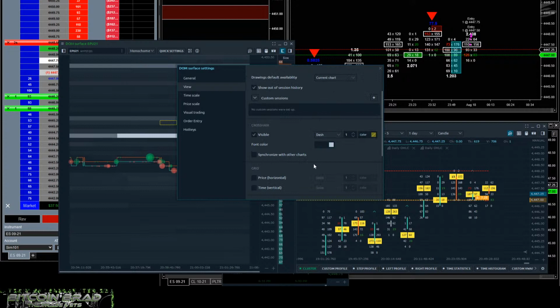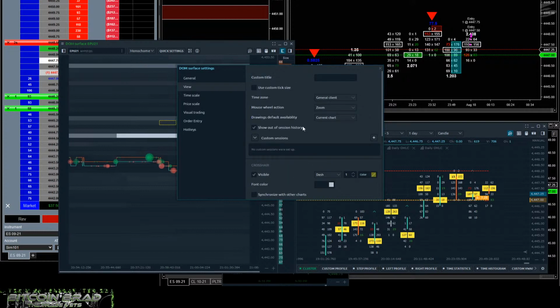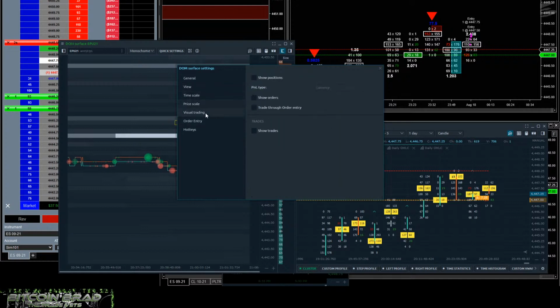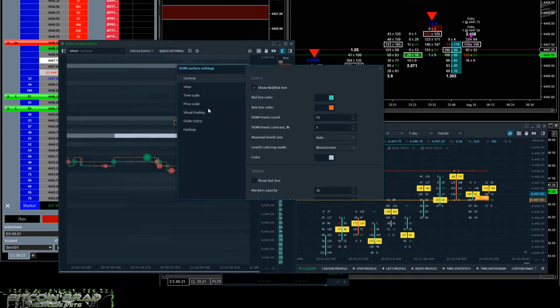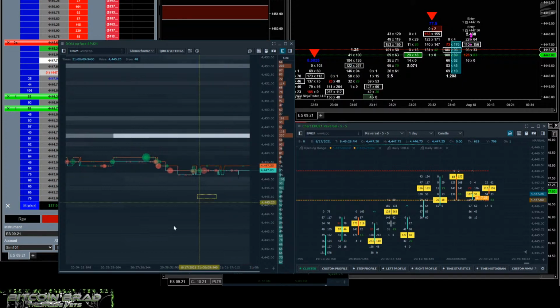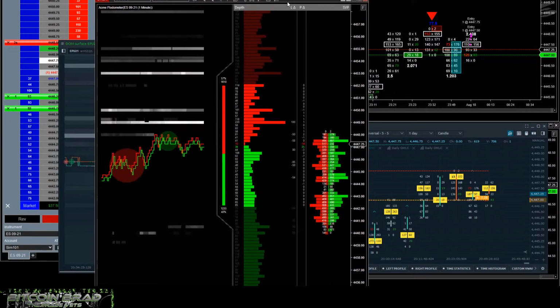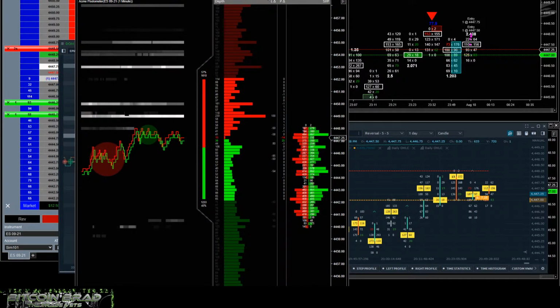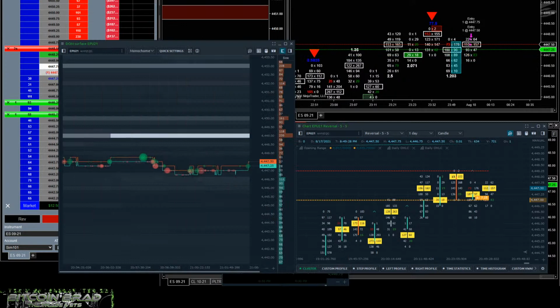Then it would be a little bit easier to see. But you can't really see anything on here, so I don't really like it. I like this a lot better. But it's just personal preference, really. That's what I like.